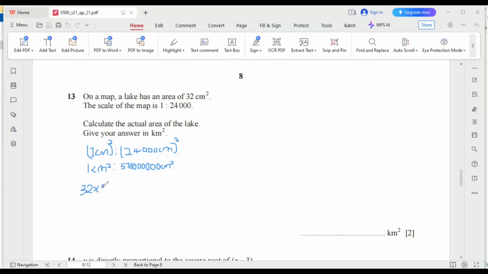Let me write it in standard form. 32 times 5.76 times 10 to the power of something. I'm just writing it in standard form; it's not different from what is there.